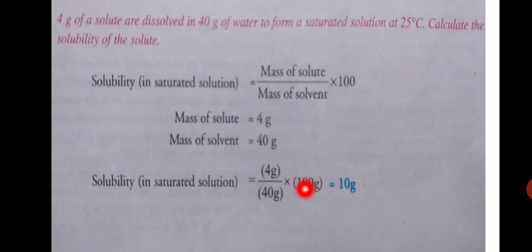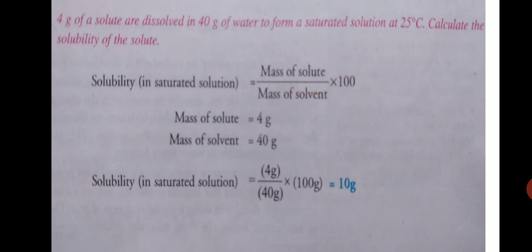You know how to divide this type of equation. So the answer will be 10 gram. Hope you understood this, how to find out the solubility of a solute. First of all, the equation is mass of the solute divided by mass of the solvent into 100.